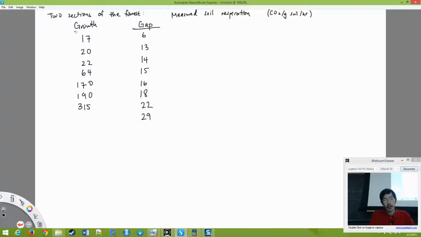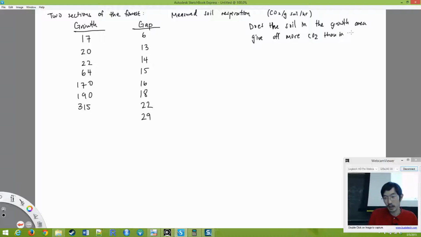And so we want to know, does the soil in the growth area give off more CO2 than in the gap area?